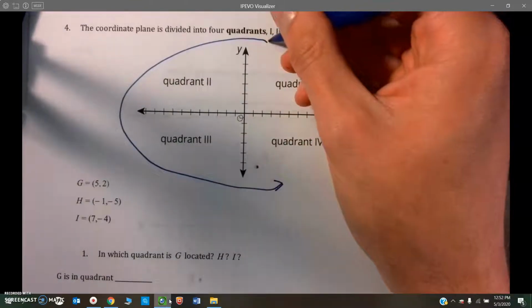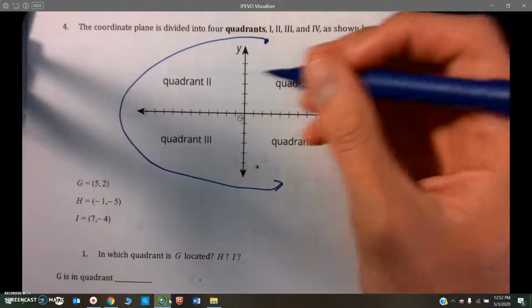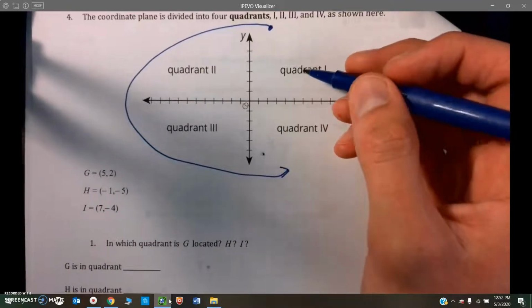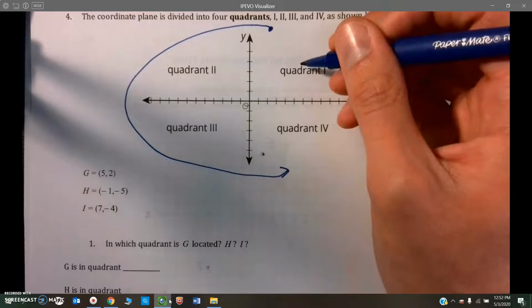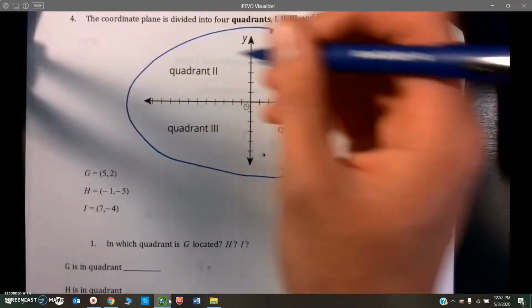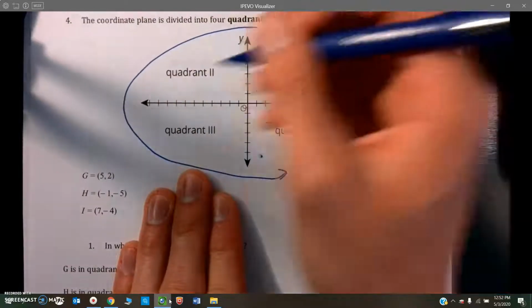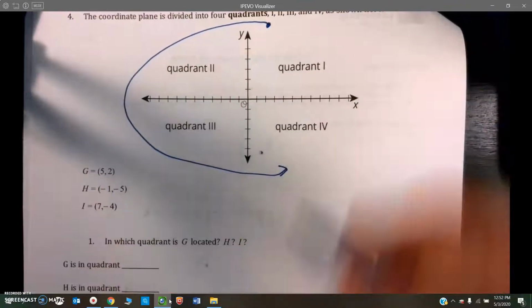So quadrant 1, 2, 3, 4. It's kind of weird. Normally we would think that we count this way, but we actually are counting this way. So 1, 2, 3, 4. So it does go in a circle, but you start going to the left.